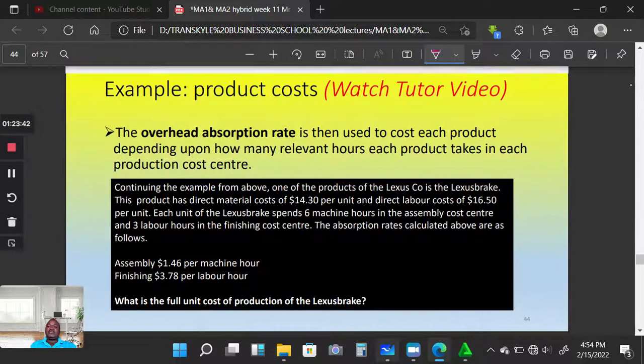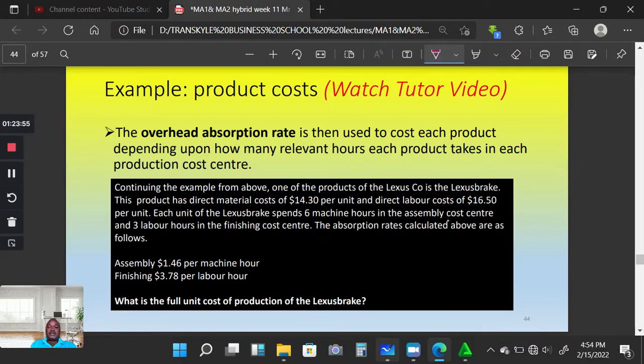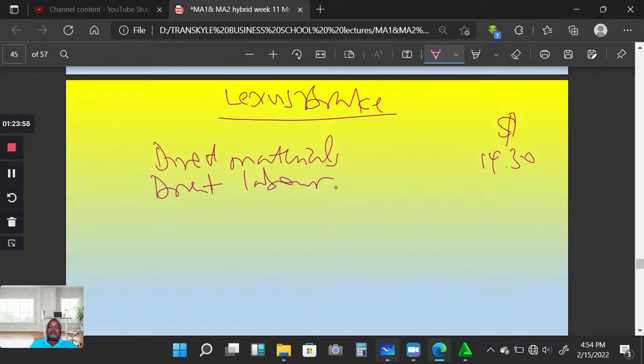We are told the direct materials are costing how much? Direct material $14.30 per unit. Direct labor, how much? $16.50. And then there is the assembly overhead and the finishing overhead.